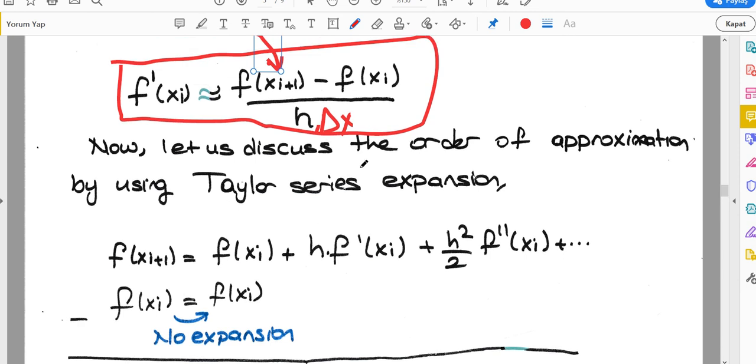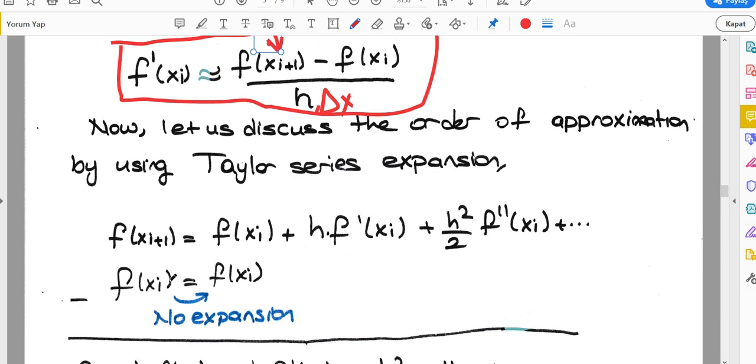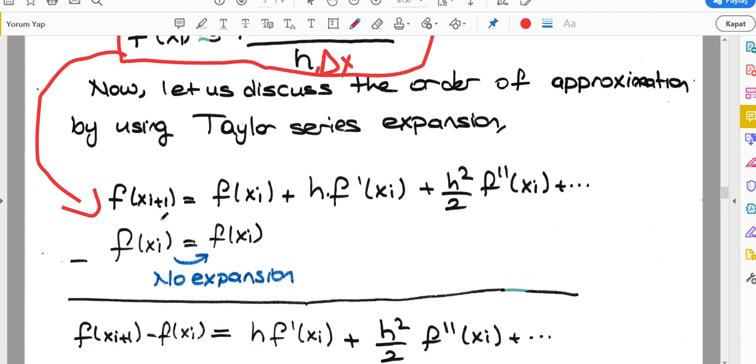To obtain the scheme, you can use the previous construction, or I can just show here a verification. It is not a construction, it is just a verification. Let us write it down: xi plus 1 means f of xi plus h, because my increment is determined by h.